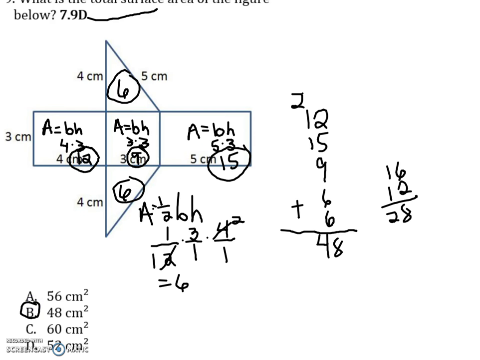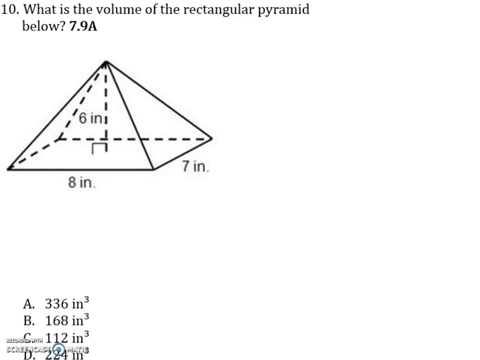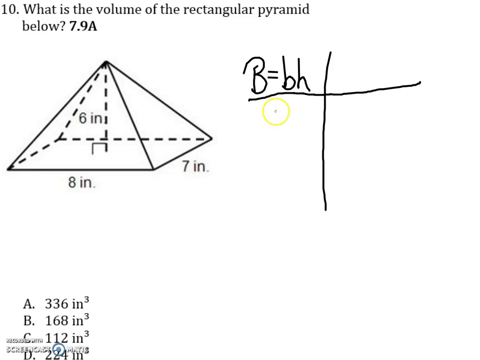Okay, let's go to the last question, number 10. It says, what is the volume of the rectangular pyramid below? Okay, so we create our T-chart. The area of the base is base times height, which is 8 times 7. 8 times 7 is 56.